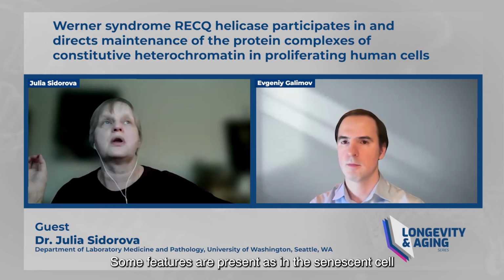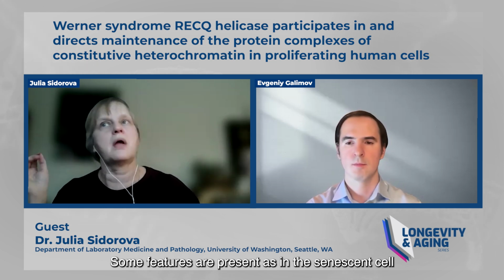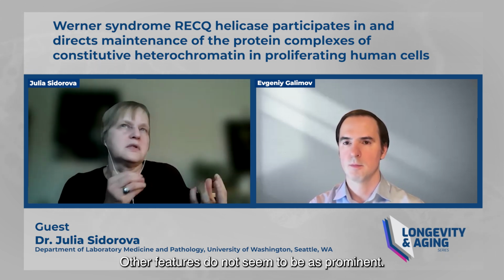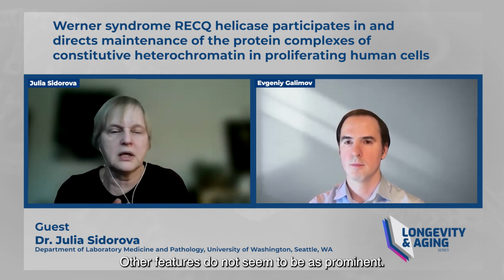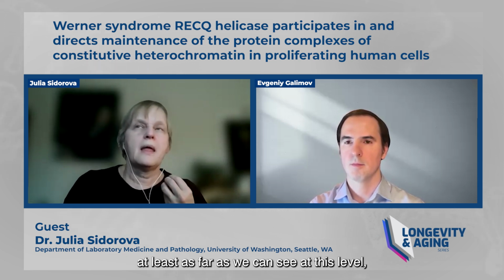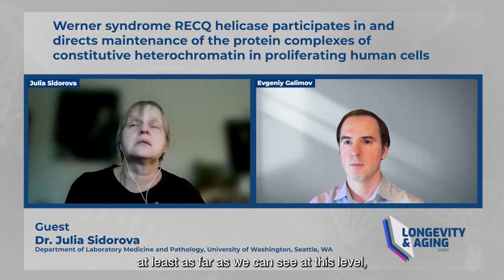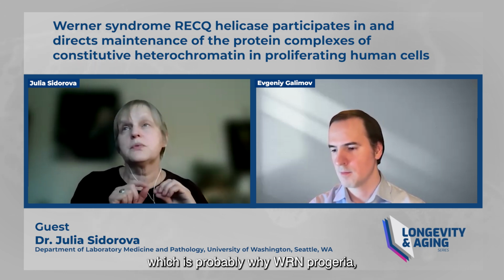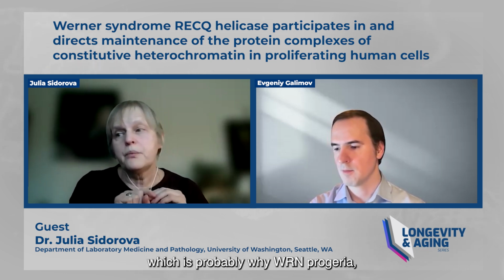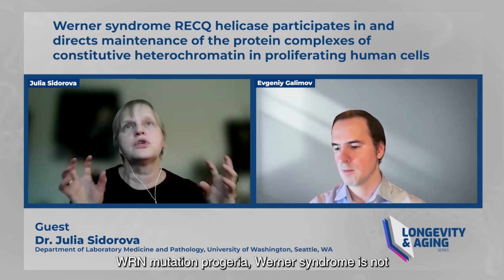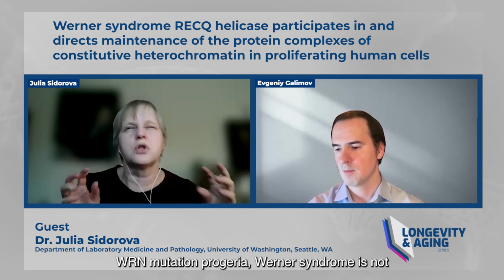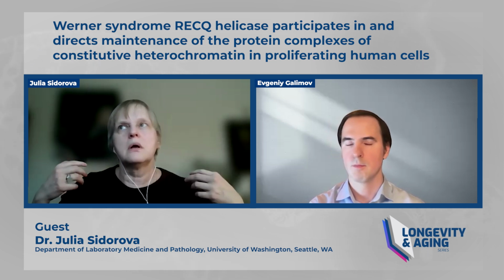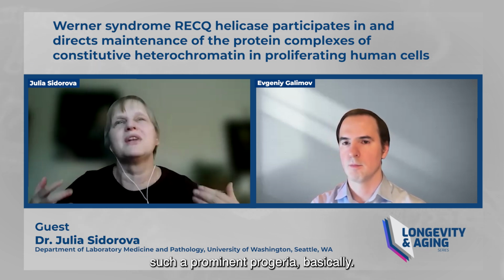Some features are present as in a senescent or aging cell, while other features do not seem as prominent. So at least as far as we can see at this level, it's a quantitative difference, which is probably why WRN mutation progeria, Werner syndrome, is not such a prominent progeria.